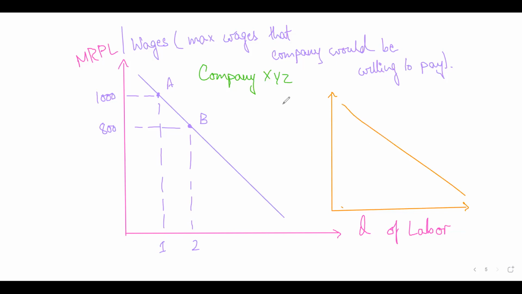Now again it will have a downward sloping demand curve. What do we have on the y-axis? On the y-axis you have marginal revenue product of labor, and on the x-axis you have quantity of labor. Any confusion so far, students? Anything you want to ask me here, right? Now similarly, when you look at the points over here, you will have a couple of different points.